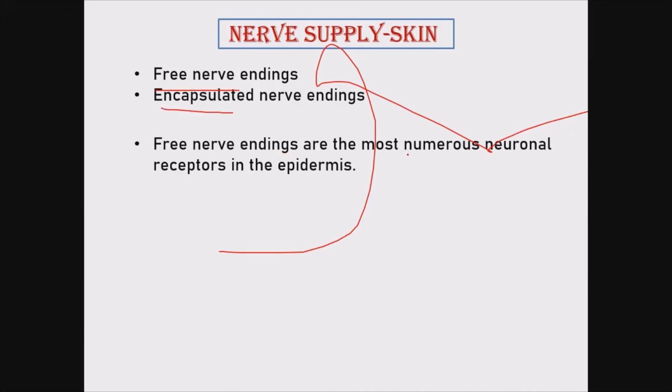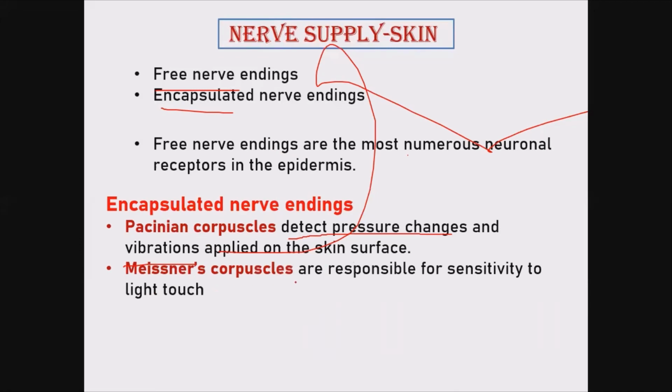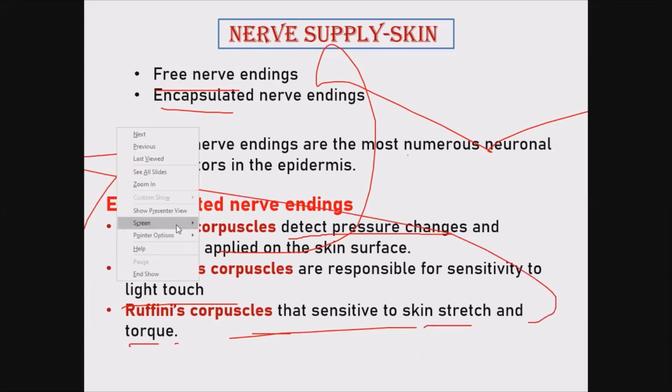Free nerve endings are the most numerous neuronal receptors in the epidermis, whereas encapsulated nerve endings consist of the Pacinian corpuscles, which detect the pressure changes and vibrations applied on the skin surface. Meissner's corpuscles are responsible for sensitivity to light touch. Already I discussed that thing. And Ruffini corpuscles are sensitive to skin stretch and torque. So any stretch is actually the Ruffini corpuscles' responsibility.